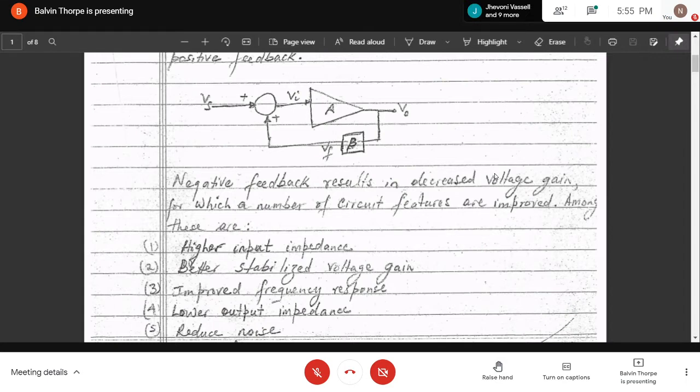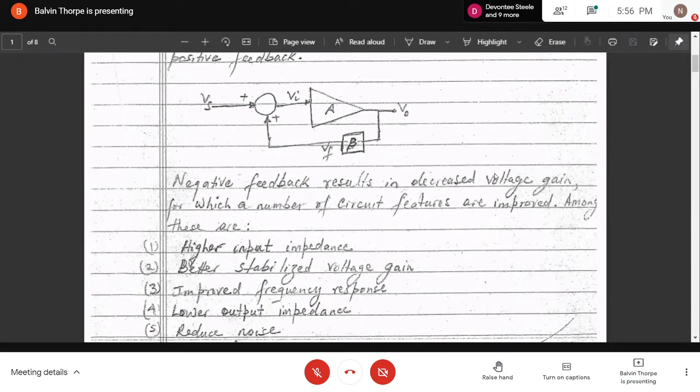When you feed the signal back and it is out of phase, the summation of Vs plus, in this case, Vf, results in a Vi that would be less than what Vs initially was before getting feedback. Agree? All right. And of course, the resultant Vi is less.